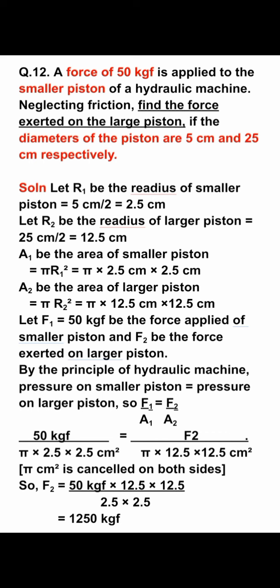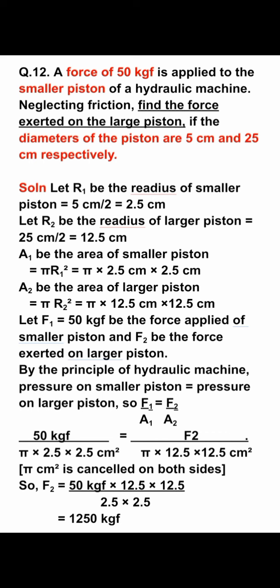Now if A1 is the area of the smaller piston, its area will be pi r1 square, so pi into 2.5 into 2.5 centimeter square, and A2 is the area of the larger piston.